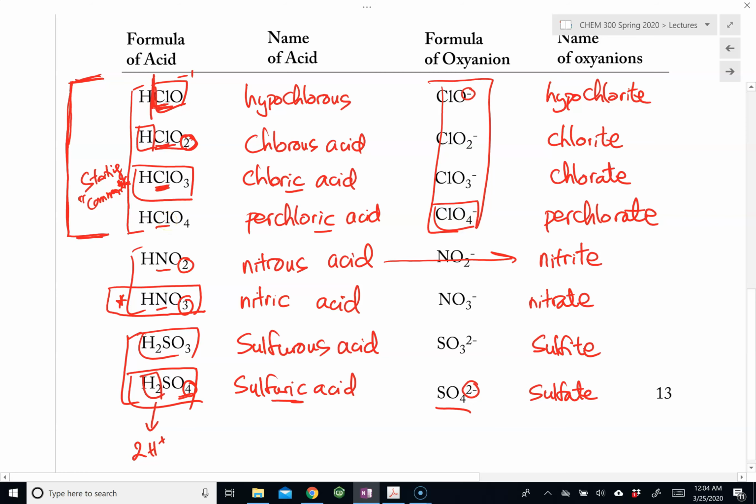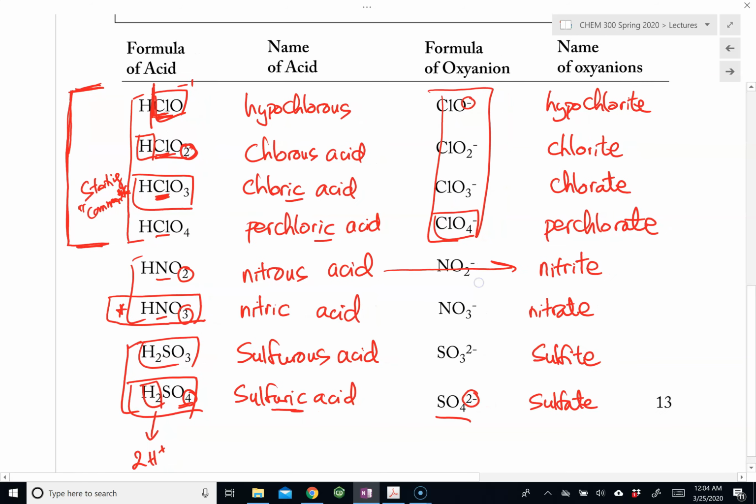So for an example, if we were to have a bromine in here and now have HBrO3, so the halogen is the bromine rather than chlorine, then to name this would now become the bromic acid. If it's the chlorine, it's chloric acid. If it's the bromine, it is now bromic acid.